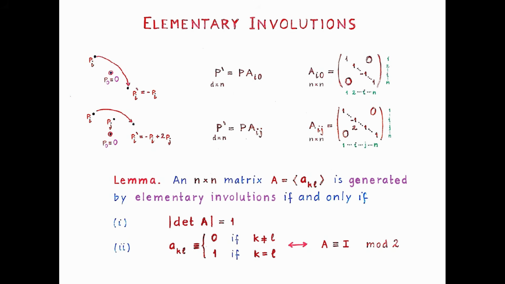And you can actually describe the set of matrices that can be generated by these elementary matrices that correspond to elementary movements. They are called involutions, and that's very important, because if you take a move and reverse it, you apply it twice, then you get back to the original one.